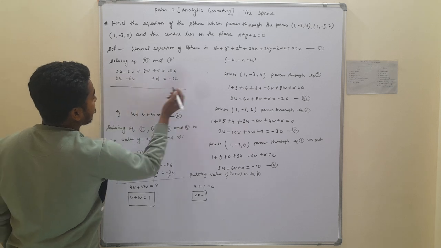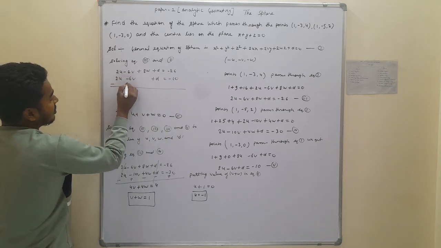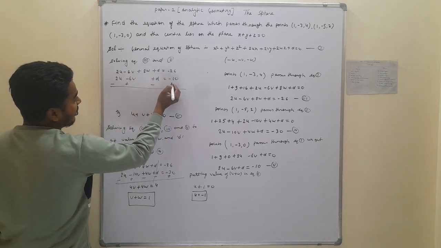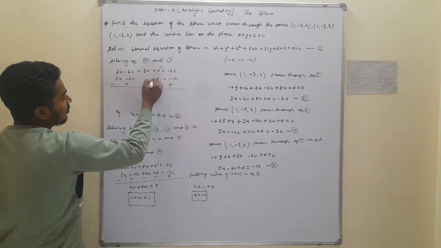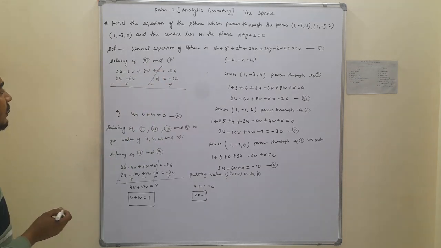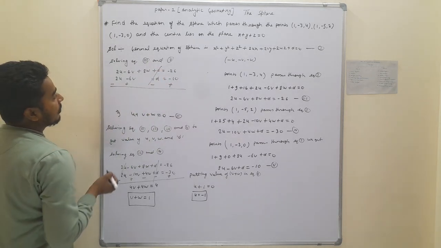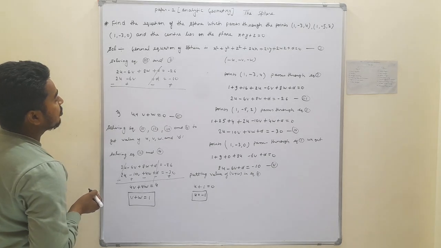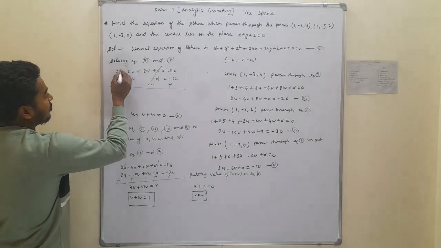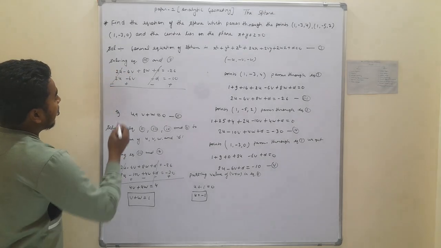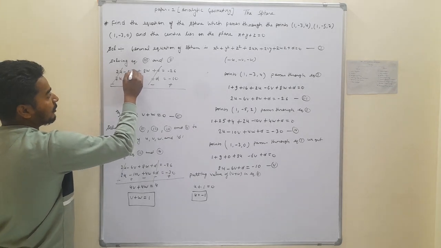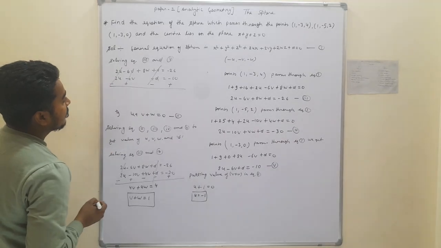First we have to change the sign here. This is minus, this is plus, and this is minus, this is plus. Here d and d are cancelled out, 2u and 2u are also cancelled out, and 6v and 6v are also cancelled out.